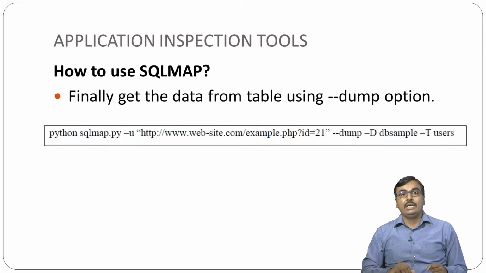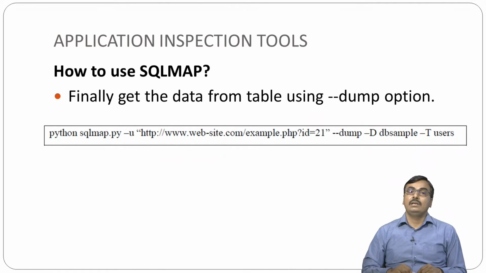Finally, we are getting the columns. So, finally get the data from the table using the --dump option. By getting the columns, ultimately we are getting the data.